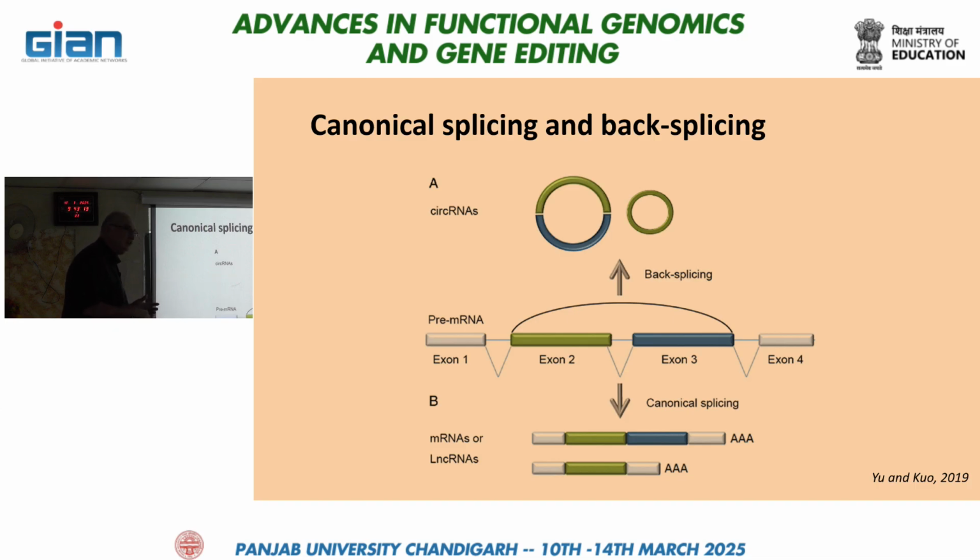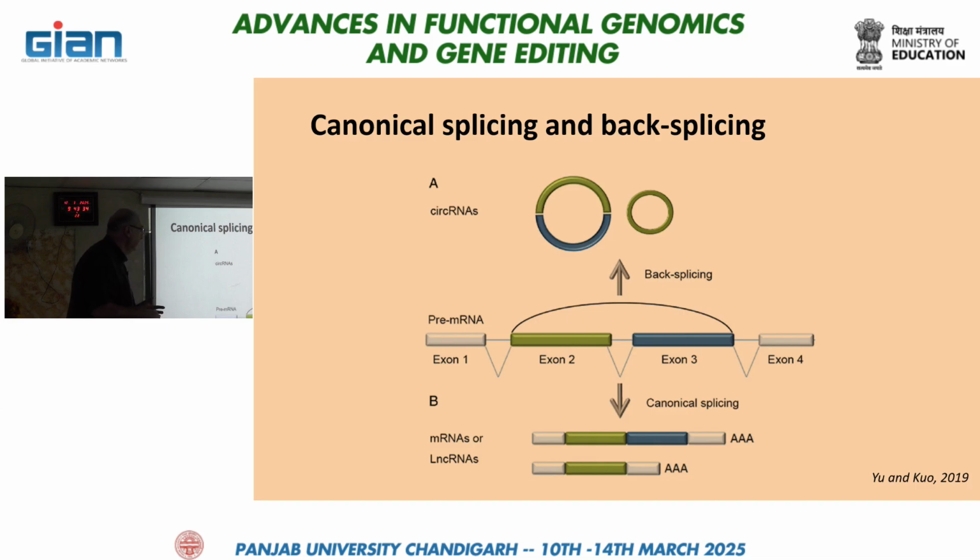The same is true in case of some long non-coding RNAs. As I said, some non-coding RNAs contain introns, and these introns must be removed in the same way. But the same spliceosome in some cases does a really strange thing, which is called back splicing.